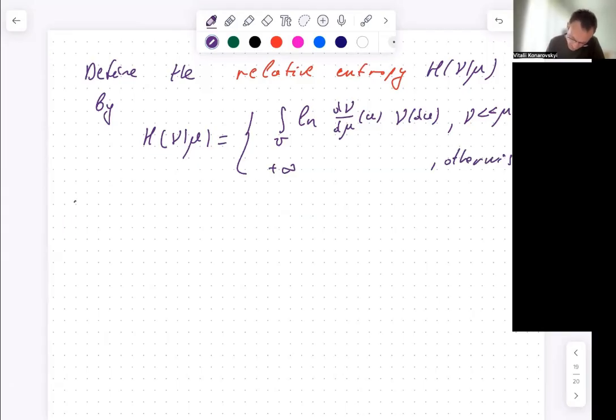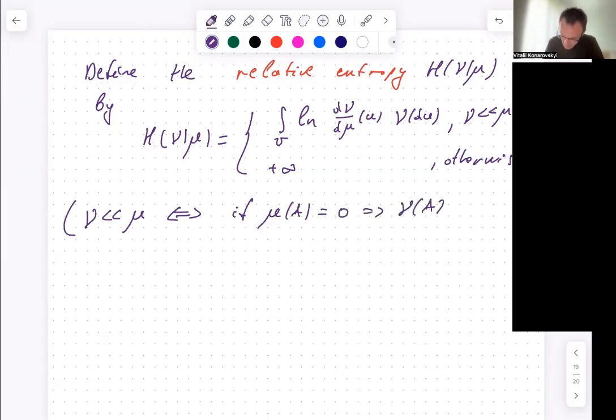So here it means that nu is absolutely continuous with respect to mu. It means that if mu of A is equal to 0, then this implies that nu of A is equal to 0.